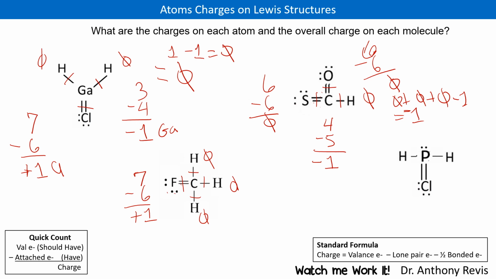Carbon here should have 4, and it has 1, 2, 3, 4, 5, -5. That equals -1. So the overall charge of 1 and a -1, overall charge of 0 on this molecule here.